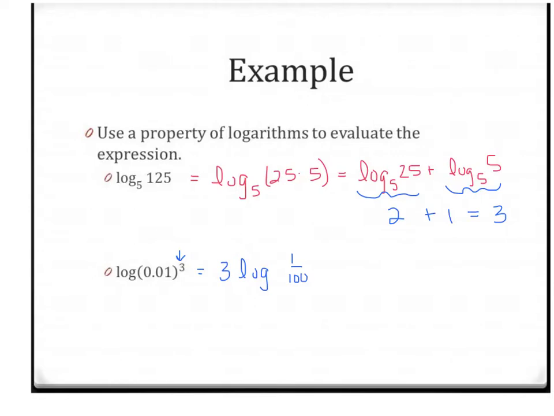And remember, when there's no base, it implies base 10. So if you look at this part, 10 to what power is 1/100? It should be negative 2, because 10 to the 100 would be squared, and the negative made it drop to the bottom, so this is negative 2 times 3 for negative 6.